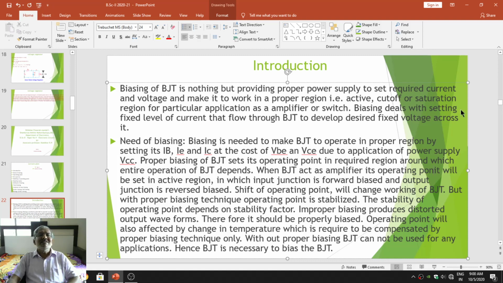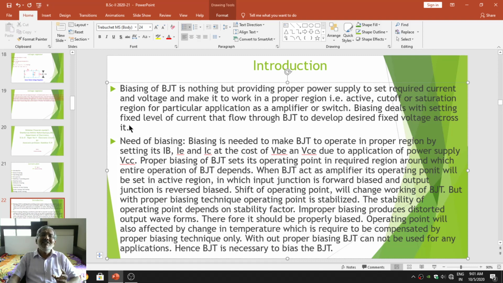Biasing deals with setting the fixed level of current that flows through the BJT to develop the desired fixed voltage across it. Means if you bias the BJT, means if you connect the power supply with the proper magnitude and proper polarity, it will set a fixed level of collector current, fixed base current, fixed emitter current, so as to develop a necessary voltage between base and emitter, collector and emitter, and also collector and base.